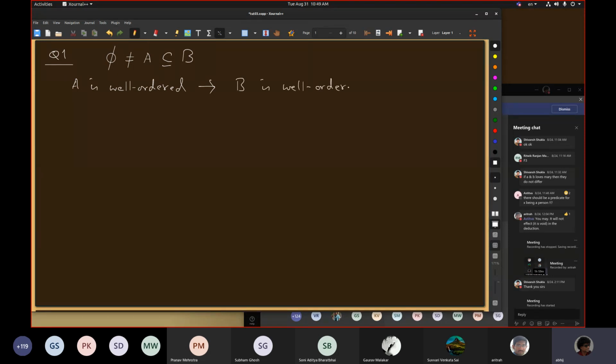This is one assertion. The second assertion is B is well ordered implies A is well ordered. Which one is correct? Which one is wrong, or both are correct, or both are wrong? What do you think?